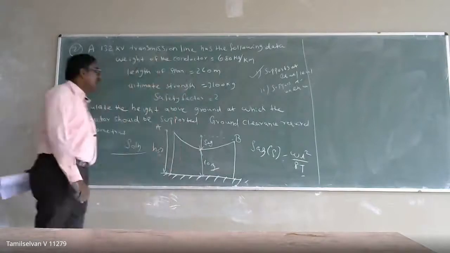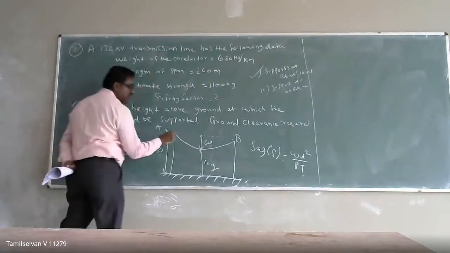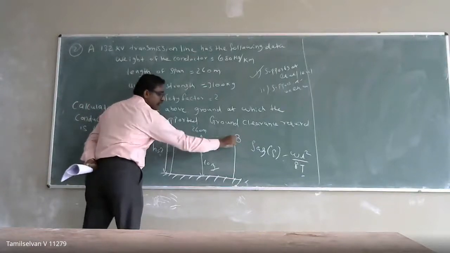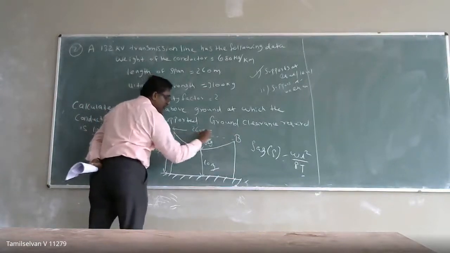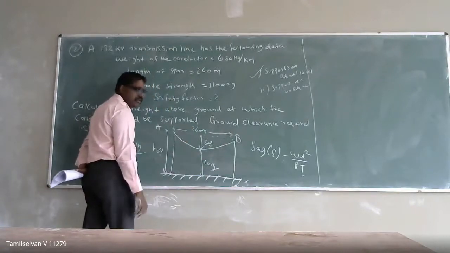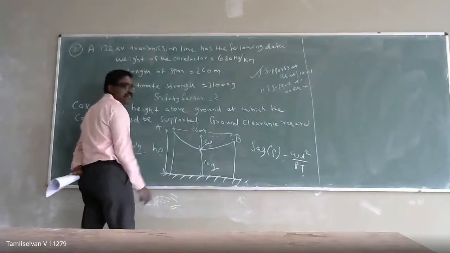The span length, one pole to the other pole, is 260 meters, as given.